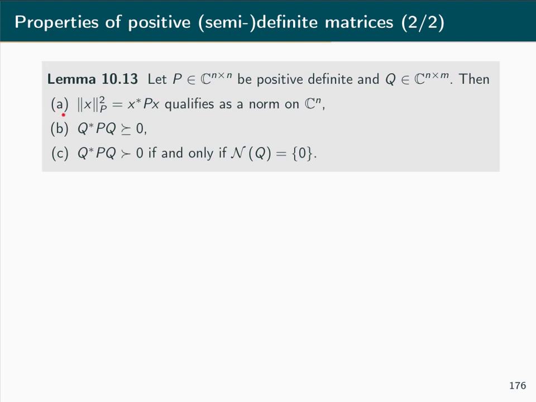Then A, the square root of x star P x, which is also denoted as the P norm of x, qualifies as a norm on the vector space C^n. B, Q star P Q is always positive semi-definite. And C, Q star P Q is positive definite if and only if the null space of Q is equal to the trivial null space containing only the origin.